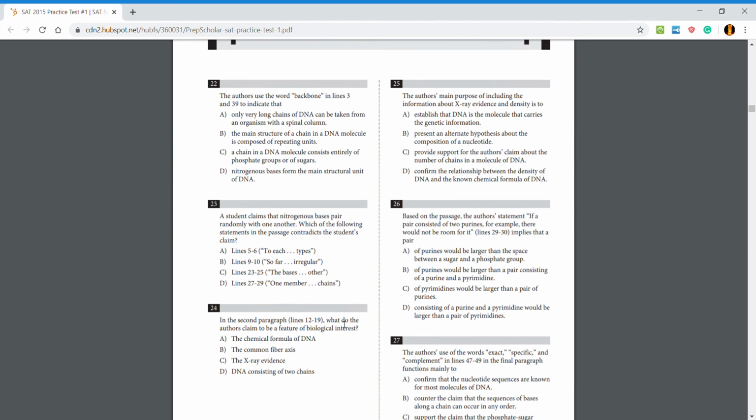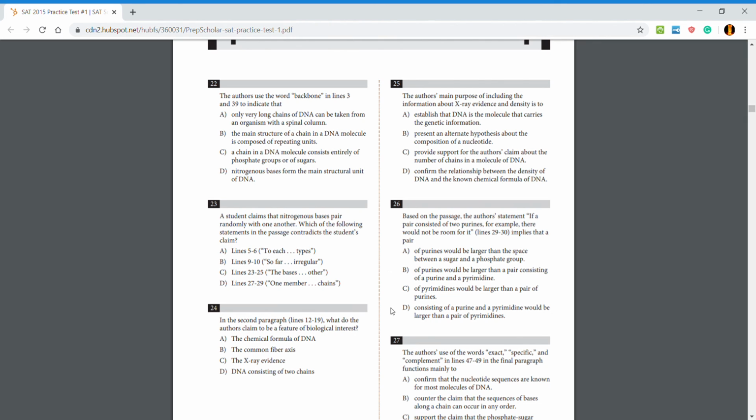First of all, we have to find out which ones don't make sense. For question 26, if you look at the first one, that implies that a pair of purines would be larger than the space between the sugar and a phosphate group. This does make sense, because it's saying there wouldn't be room enough for the two chains to be able to accurately bond.